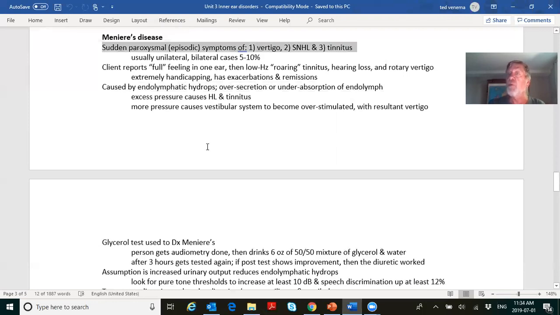Many times, people with too much fluid in the scala media won't have classic Meniere's. They'll have 2 of the 3 symptoms, not all 3. So endolymphatic hydrops is like a broader term, and Meniere's disease is kind of like a subset of endolymphatic hydrops. Might give 2 of the 3.